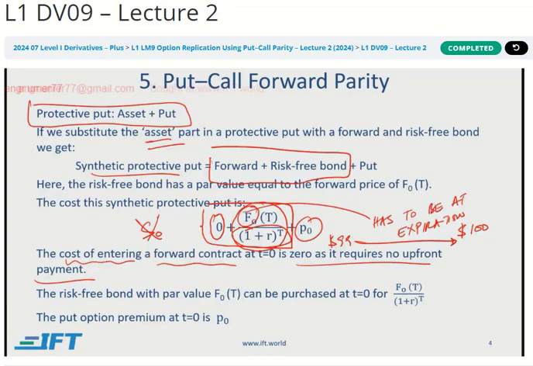So we take that $100 and we discount it back to today, and that is how much the risk-free bond will require in terms of investment. And then obviously we have the put option value, which has to be paid. So the risk-free bond can be purchased for this discounted amount of the forward price, and the put option premium is given as P0.